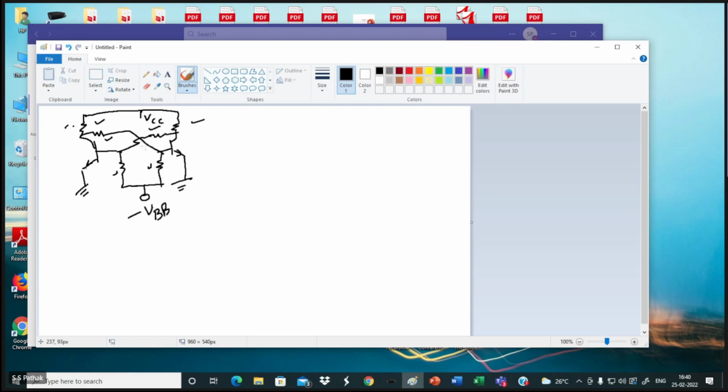When I come to the monostable, one of these will be disconnected from here, and this one will be given to the positive supply. I'll make the circuit like that. It will be given to the positive supply, and one of these resistances will be cut, and a capacitor will be put in that. So one collector is coupled to the base by a capacitor, another is coupled to the second base by resistance, and the one resistance that was going to the negative remains as such.